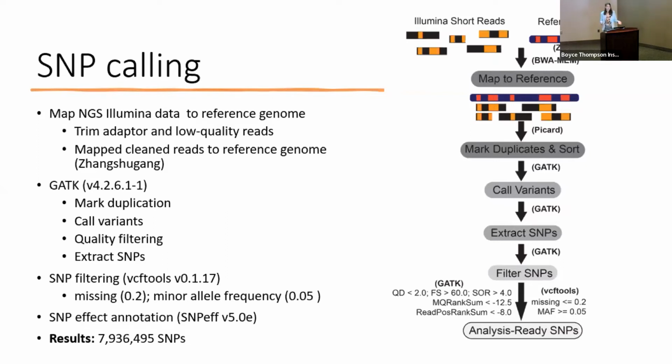I only wanted the most common alleles. And then I did some SNP effect annotation. This gives me an idea of what each of the SNPs might do if they resulted in a change in the amino acid that was coded for, or might result in a premature stop codon, that sort of thing. And in the end, I got about 8 million SNPs to work with.